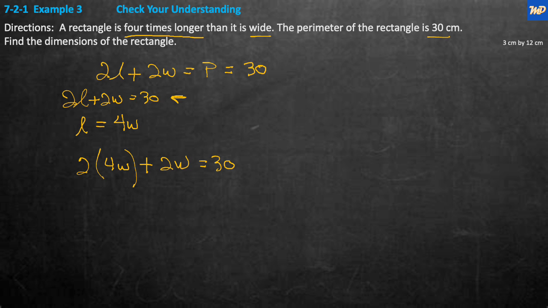Now we're going to multiply this out. We're going to get 8W plus 2W is equal to 30. Now we're going to combine like terms. 8 plus 2 is 10W is equal to 30. So W is equal to 3 because you have 30 divided by 10.